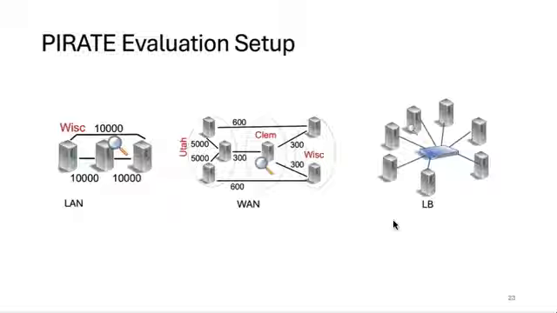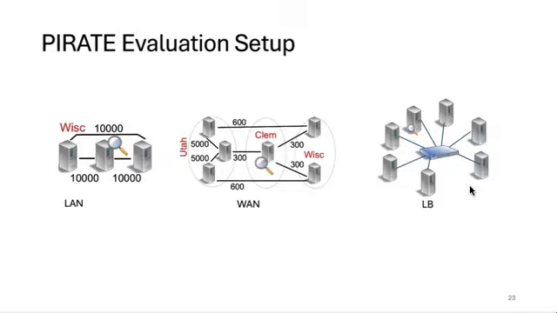In the second setting, we have a cluster which spans across three regions. One is Utah, the other in Clemson, and the third in Wisconsin. The measurement node lies in the Clemson cluster. As in the first case, the measurement node doesn't have visibility of the response traffic.